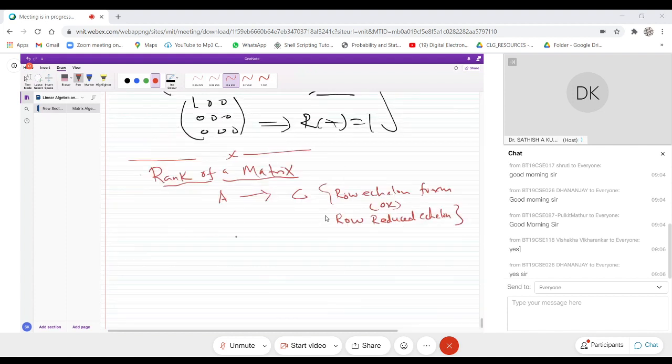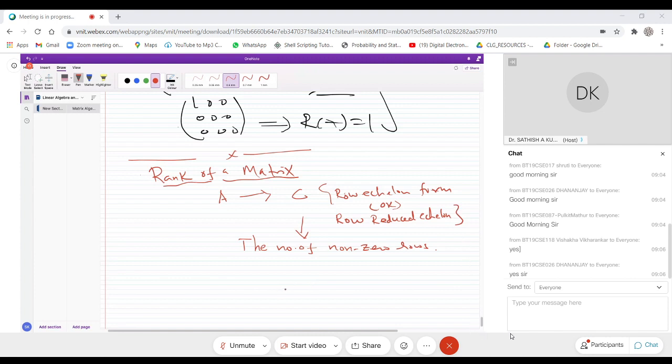Okay. So then in this matrix we will see the number of non-zero rows. So after using these elementary row operations, we'll see the number of non-zero rows in the row echelon form, and that number is nothing but the rank of a matrix.